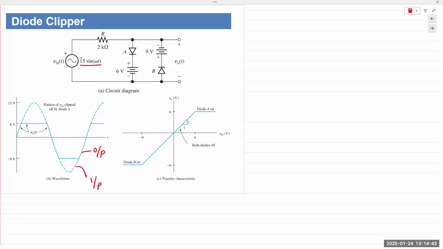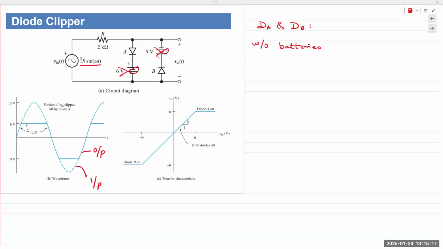So we have 2 diodes, DA and DB. And I'm going to use the ideal diode model to perform a quick analysis. Let's consider the case without any batteries, meaning the 6-volt battery and 9-volt battery are not connected.